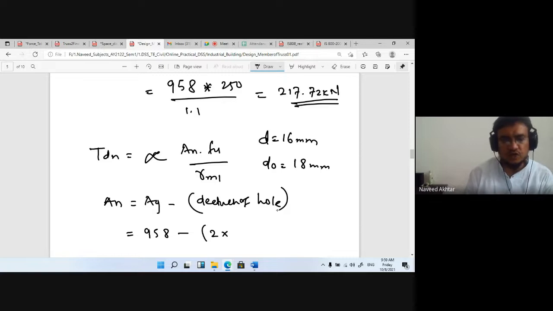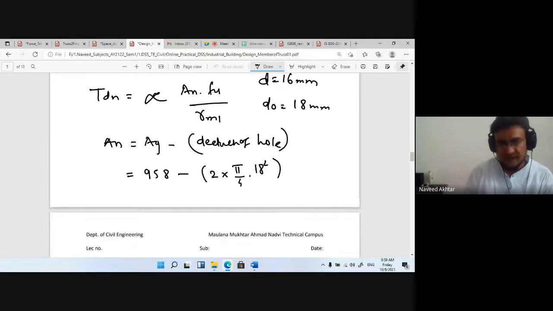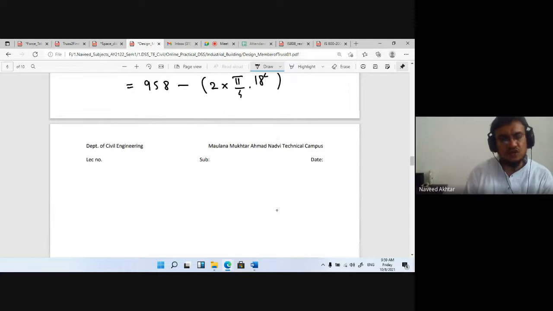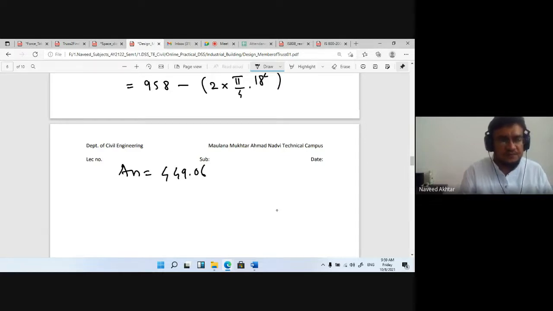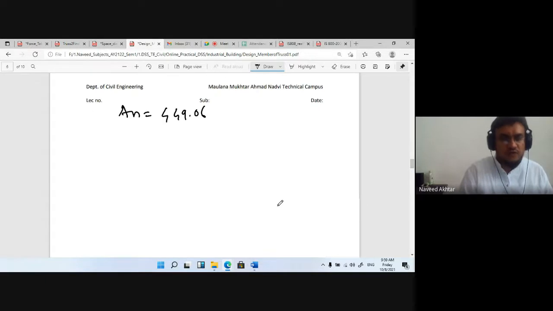So 2 into pi by 4 into 18 square into 6.5 gives the area of holes, 508. So AN is equal to 958 minus 508, which comes to 449.06. Now you can put the value in TDN.